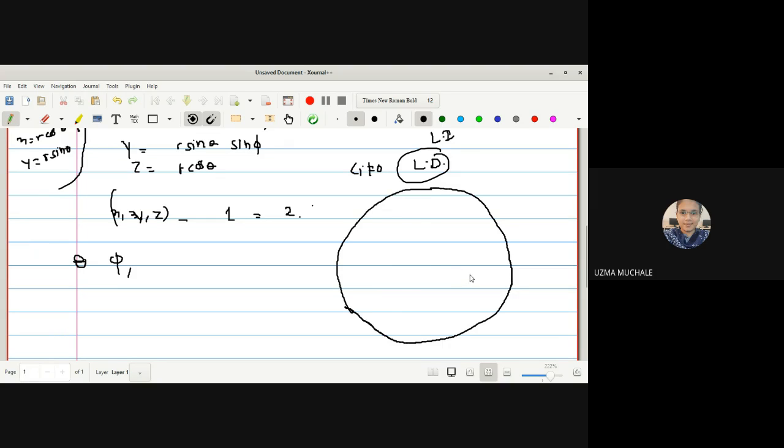Assume that this is a sphere, and here we have the x, y, z coordinates. Suppose this is the x axis, this is the z axis, and this is the y axis. Here we imagine that your particle is at position P with the coordinates x, y, z. Now suppose we have an angle theta.